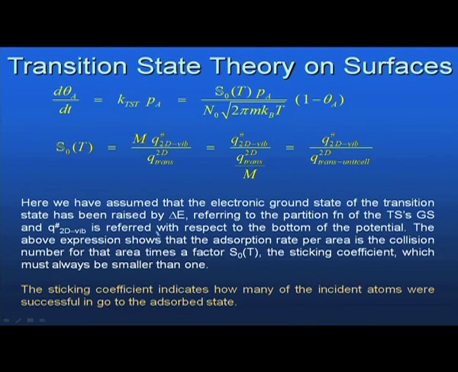So what do we get? We get d theta a dt, that is the rate of reaction, which is equal to KTST into Pa, and you write the respective expression for KTST from the previous slide, that is S0T divided by N0 root of twice pi m kBT, into 1 minus theta a, where S0T is given by this expression, Q double dagger 2D vibration divided by Q translation of the unit cell in 2 dimensions, because it is on a surface, so your unit cell will be a 2 dimensional one.